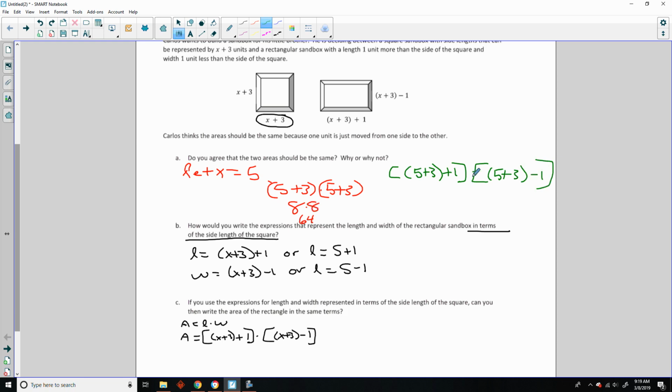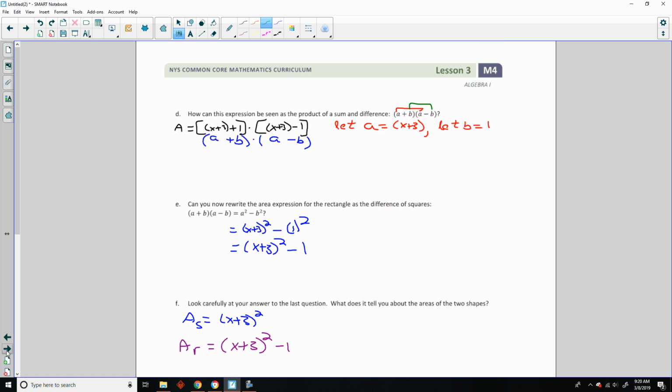Well, we're working left to right since it's addition. So 5 plus 3 is 8 plus 1 is 9 times 5 plus 3 is 8 minus 1 is 7. 9 times 7 is 63. And as you can see, this one is 1 unit less than this one. So we could have just plugged in a value and checked. Okay.